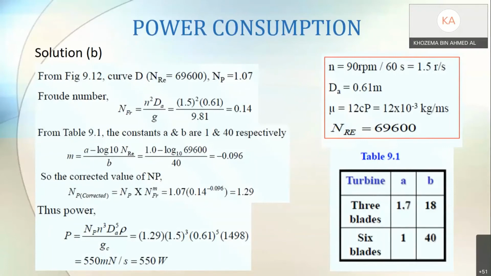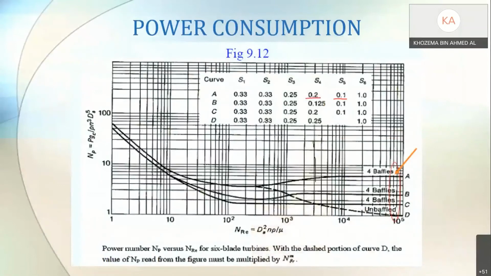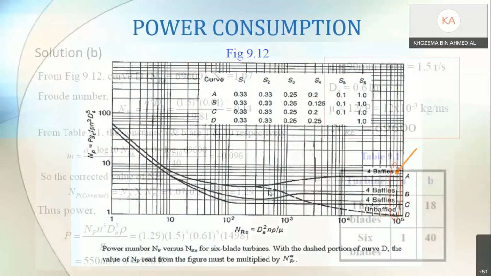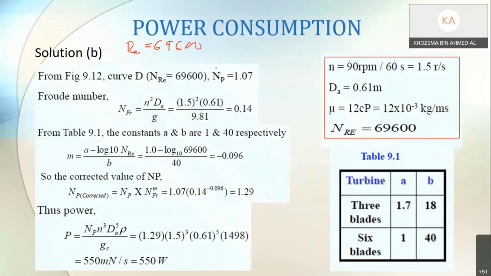And then we know that we are going to be using curve D here, right? Because curve D is the one for our unbaffled tank. A, B, and C is for baffled, D is for unbaffled. So from this curve, I can get an estimate value of my power number, which is around 1.07.